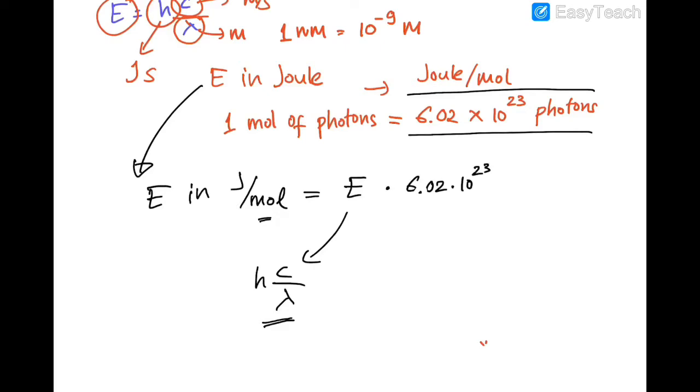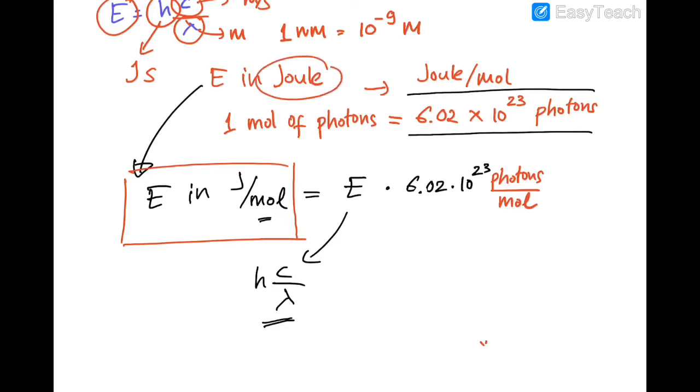Then from here you will get the energy in joule over mole, and this is the number of photons per mole. That's how you get energy in joule over mole instead of just in joule, which is actually joule per photon.